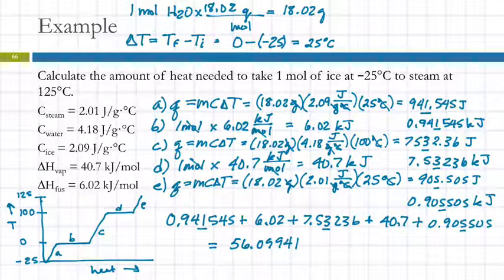How many does this one have? 1. How about this one? 3. So the smallest is 1. So we should round our answer to 1 decimal place. And so this is going to give us 56.1 kilojoules of energy. Any questions?